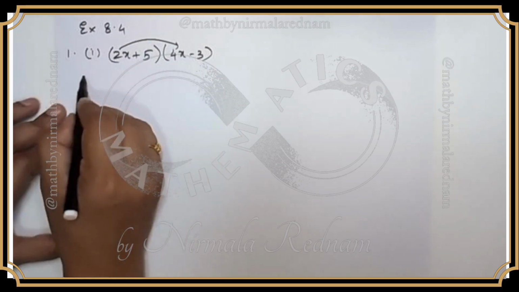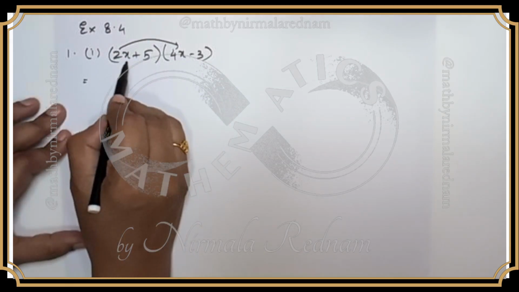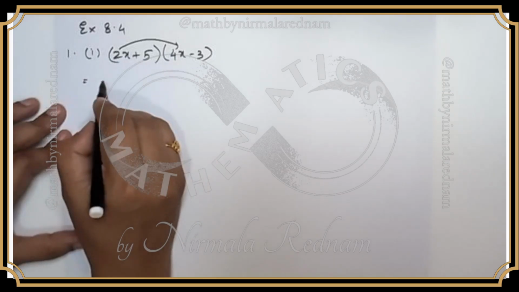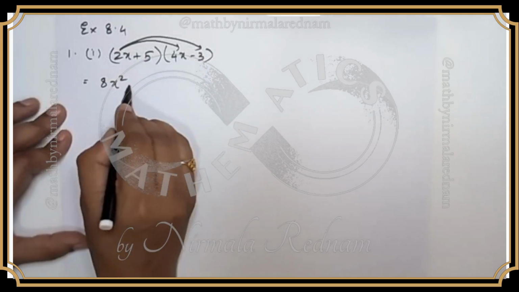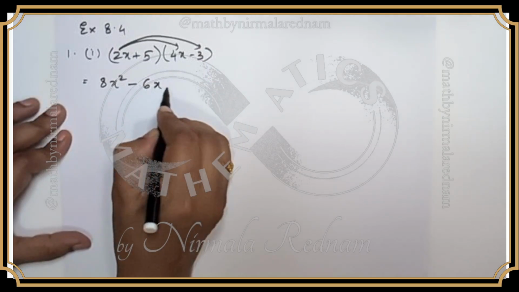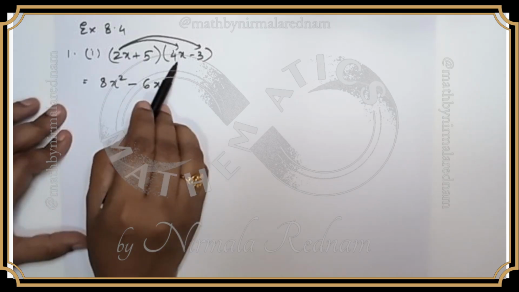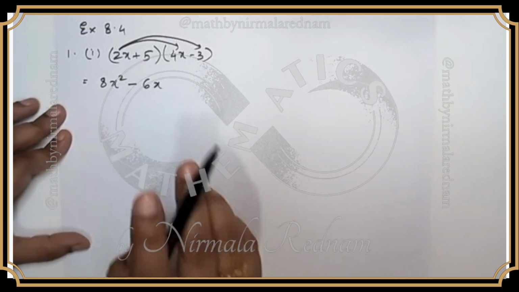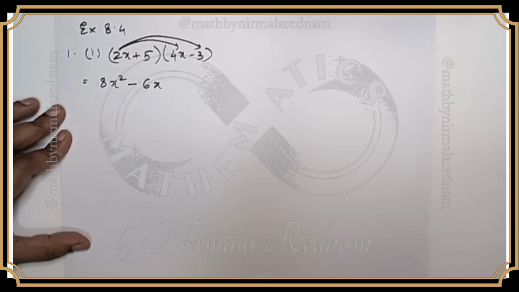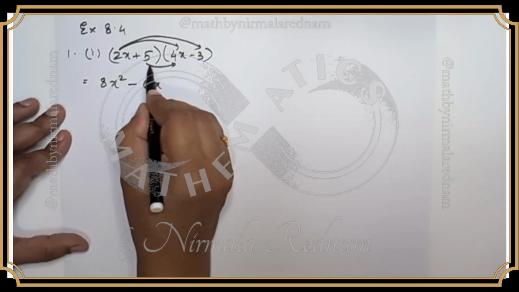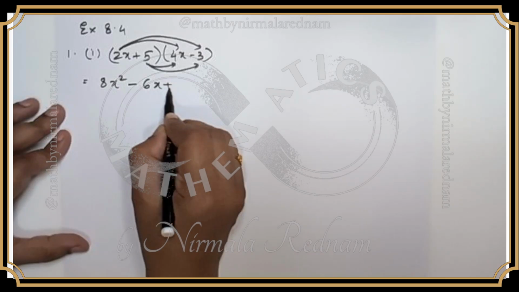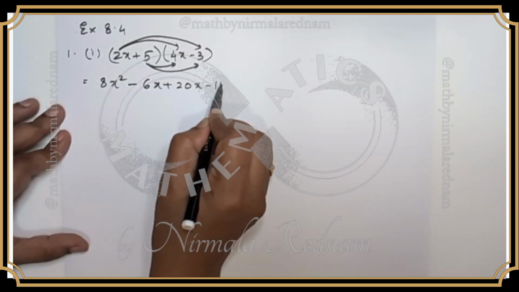So like I said, first consider the first term here, 2 into 4, 8, x into x, x square. Now I have a minus sign, so minus 6x, right? So the first term, we have found the combination with all the terms in your second expression. Now let's look at the second term, 5, right? Plus 20x minus 15.